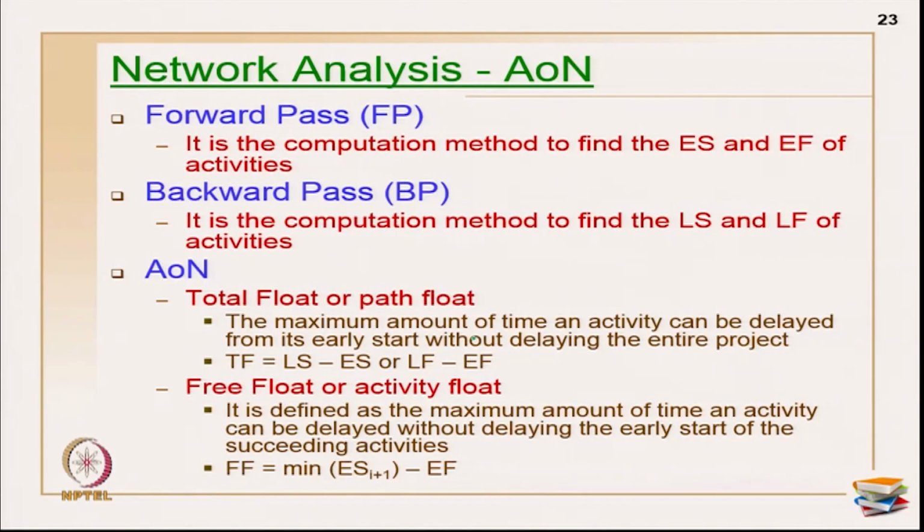So, the formula for calculation is either late start minus early start or late finish minus early finish of the particular activity. Free float, as I told you, is also called activity float. It is defined as the maximum amount of time an activity can be delayed without delaying the early start of the successor activities.